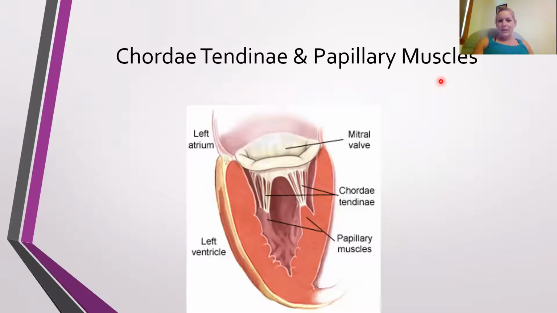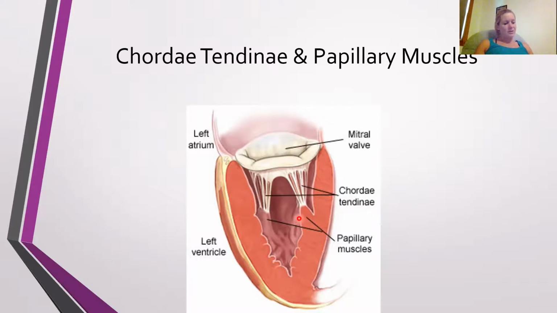Chordae tendineae, so I mentioned this on the previous slide. Basically it's these string-like projections or tendinous cords that are going to connect the valve to the papillary muscles. Okay, so here you can see papillary muscles, and these cords are attaching that valve to those muscles.